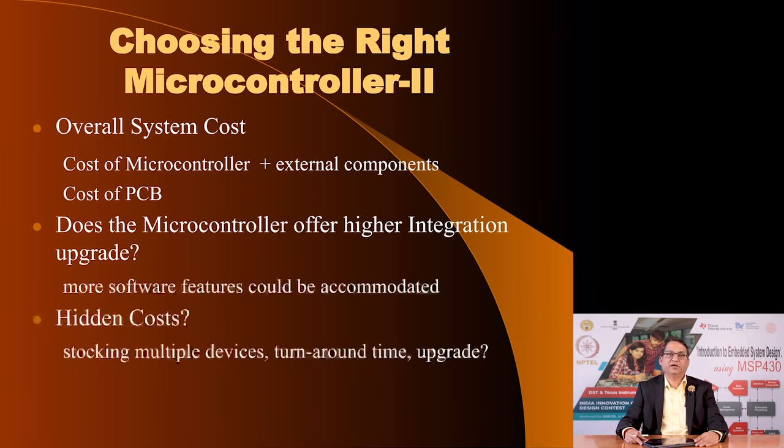You must also consider how quickly can you acquire a new stock in case you need one. Is there a waiting time? Is there a turnaround time? Does the manufacturer take too much time to fulfill your requirements? You must consider all these aspects, because eventually these are going to impact either time to market or the overall system cost.